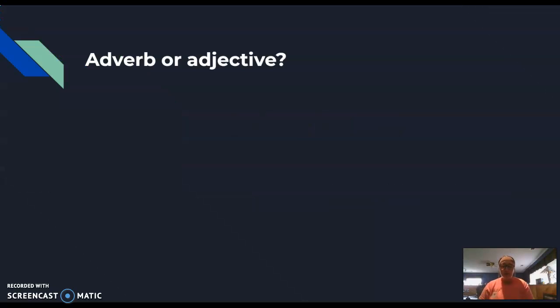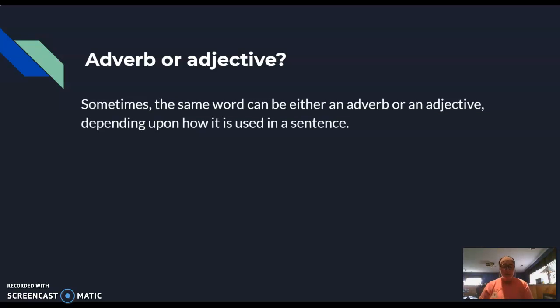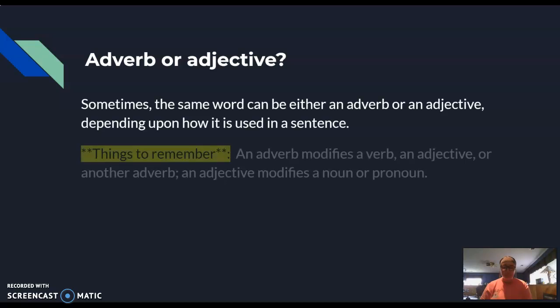So, adverb or adjective. Sometimes, just like with our last unit with adjectives, the same word can be two different parts of speech, or it can be a part of speech disguised as whatever part of speech we're focusing on. So we're talking about right now the same word that could be either an adverb or an adjective depending on how it is used.